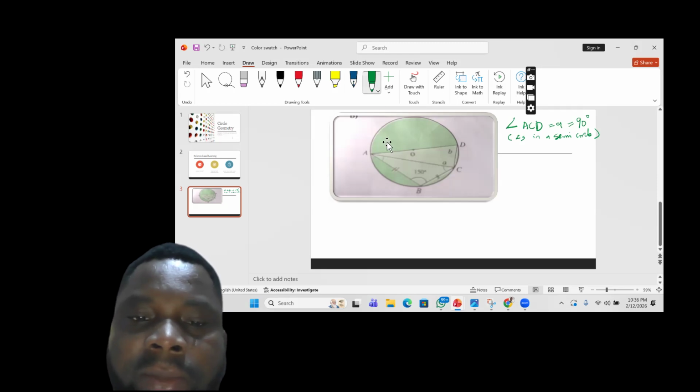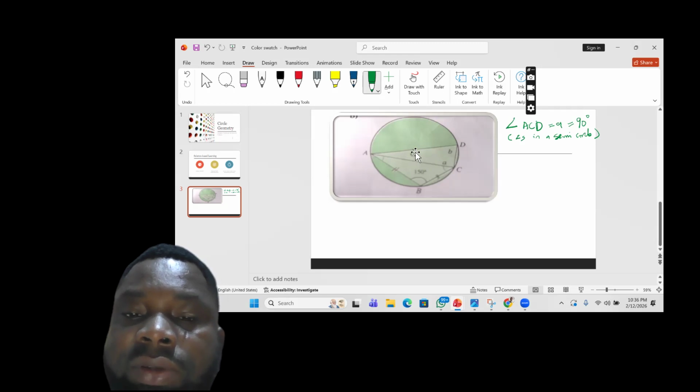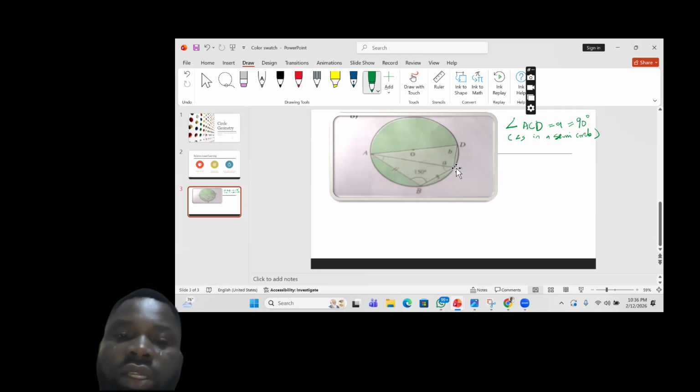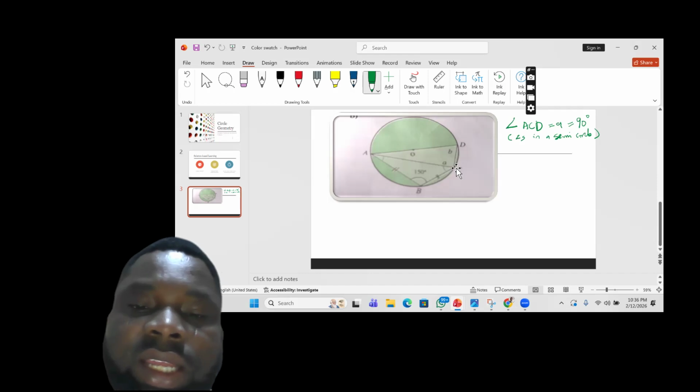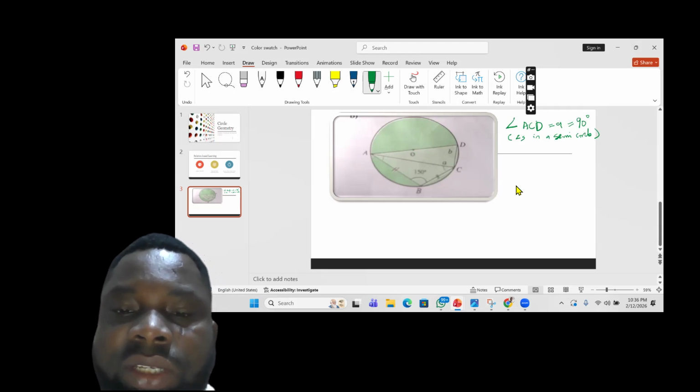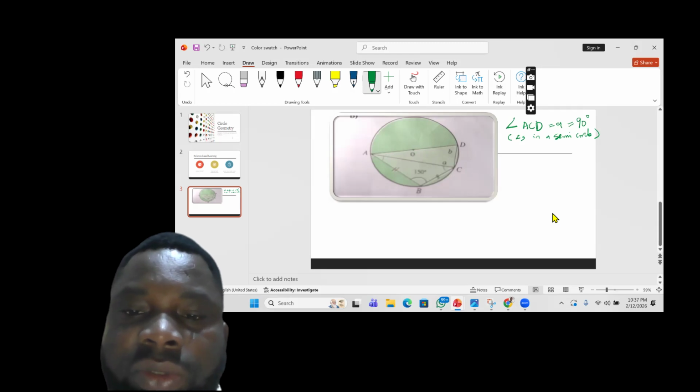There is another rule that says the angle at the center is two times the angle at the point. The angle at the center is 180 because it's on a straight line. So A will be 180 divided by 2. That's why, anytime a diameter makes an angle to a point, it is always 90 degrees.